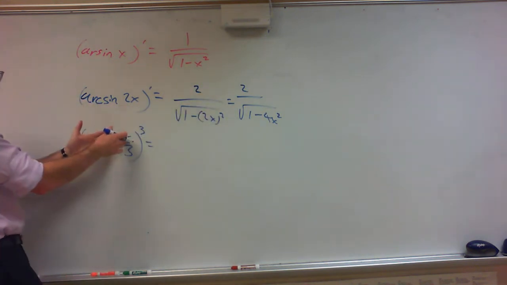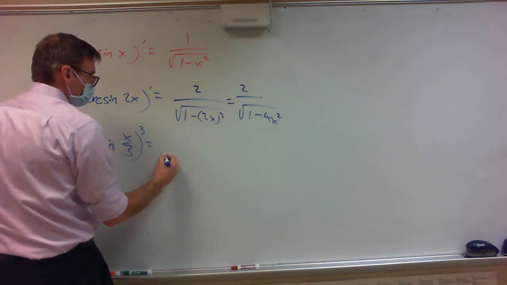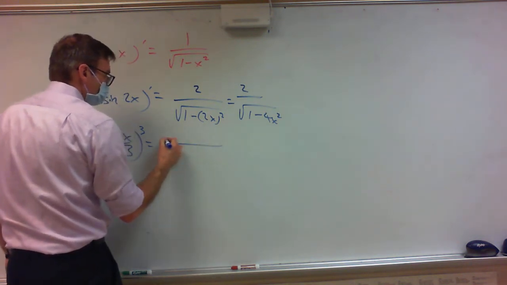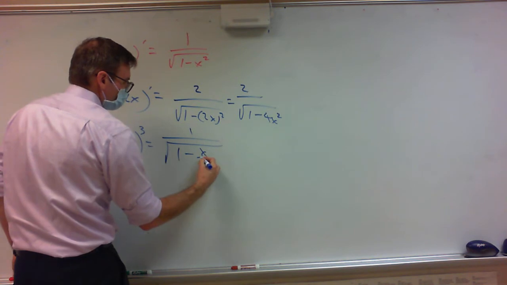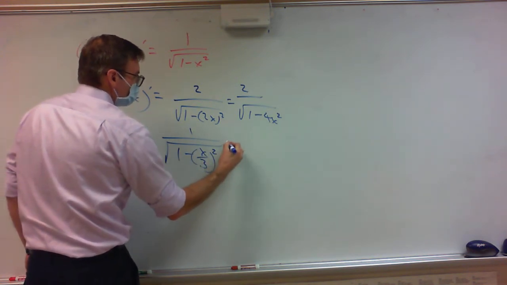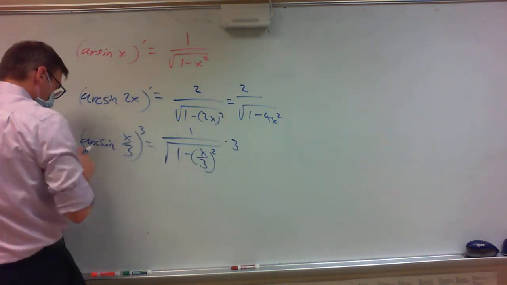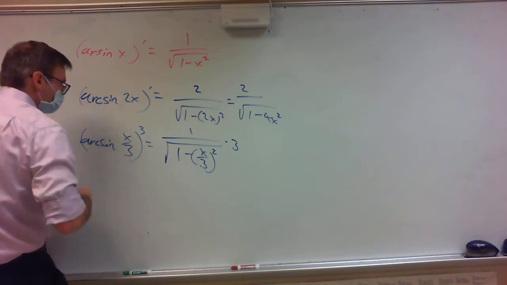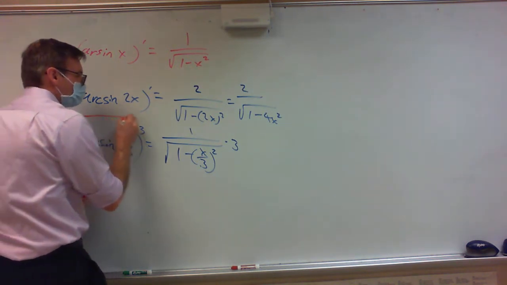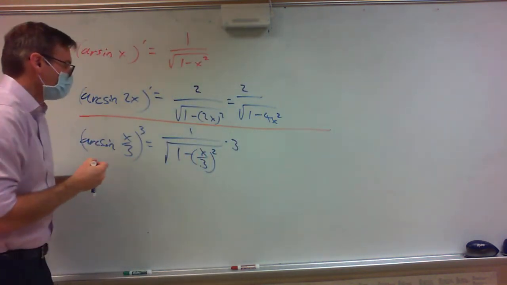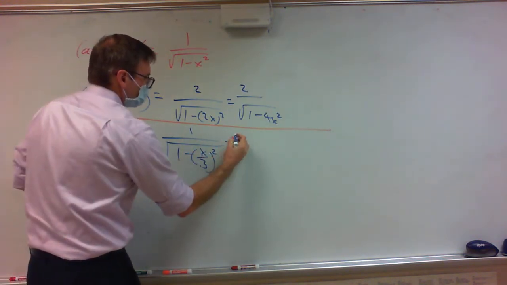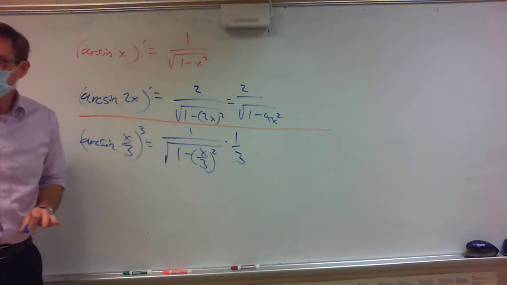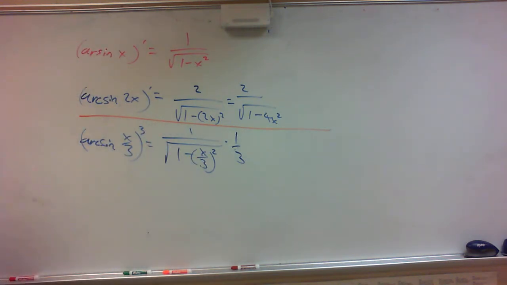So I get 1 over the square root of 1 minus x over 3 squared, times 1/3. Is everybody okay with that?